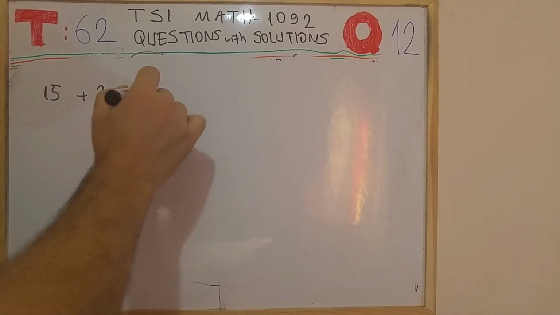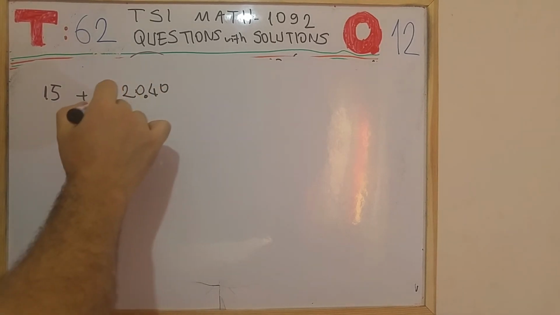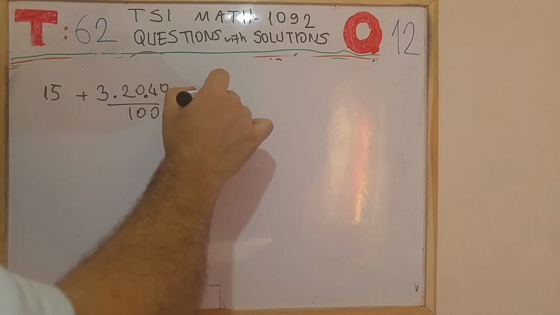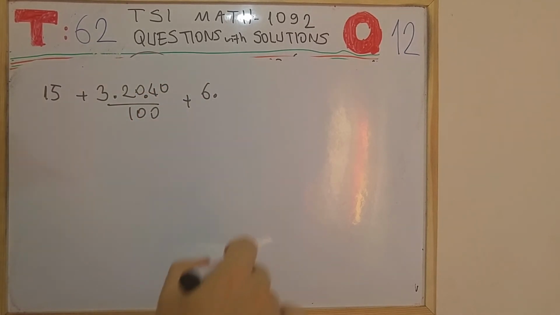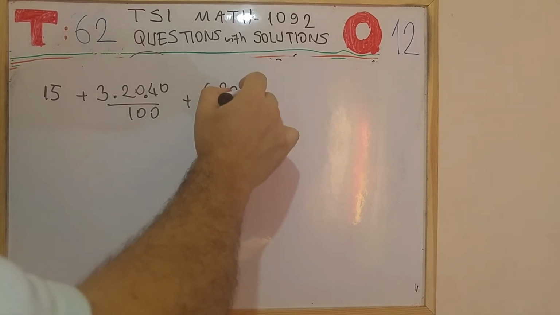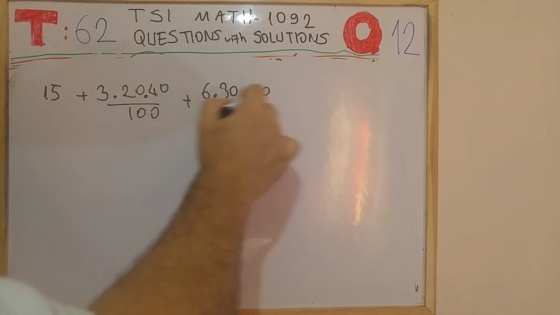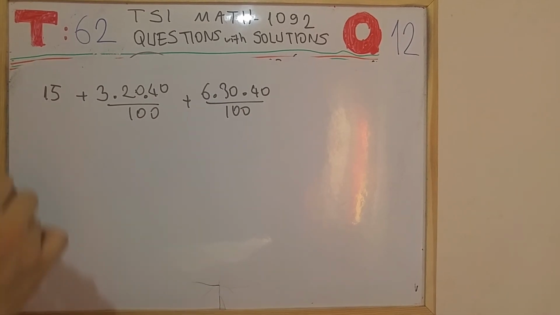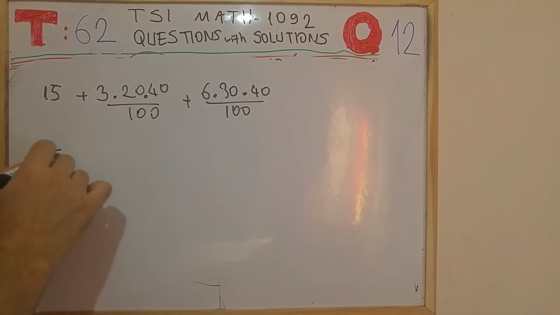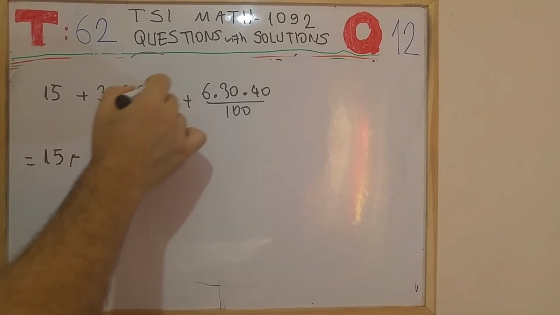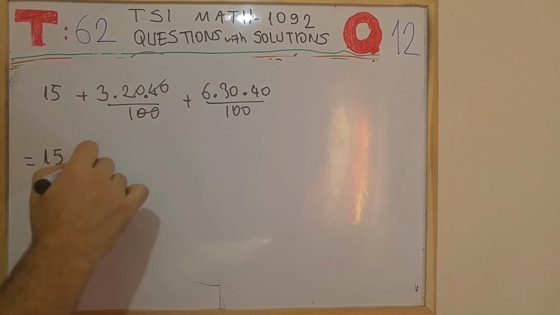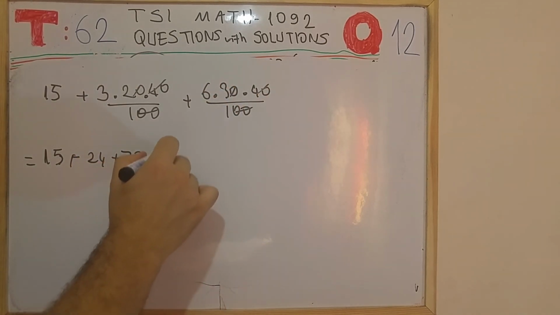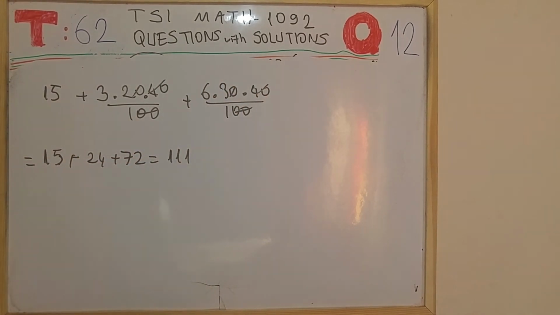That's why I just need to pay 40% of the price, plus I'm going to buy 6 chemistry books, of which each costs $30, and I get that 60% discount, so I just pay 40% of the price. This is equal to 15 plus, these gone, what I have is 24 plus, zeros gone, what I have is 72, and the total is $111.